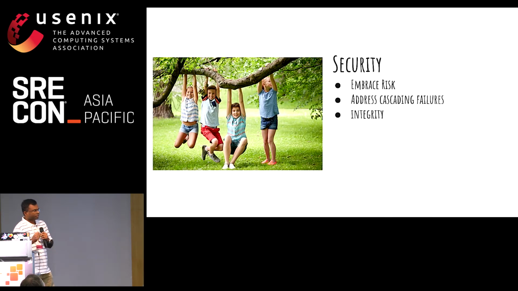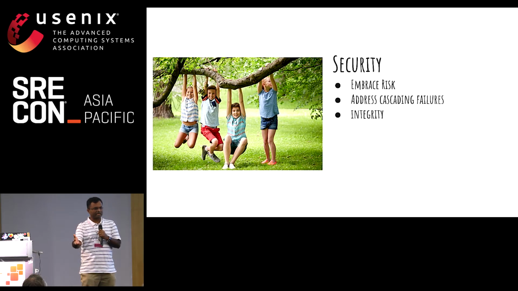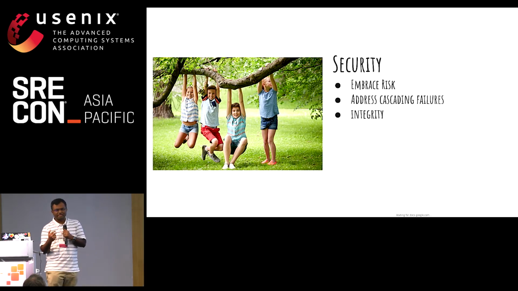Moms are basically letting the kids go out into external environments like schools and playgrounds. So they're embracing risk. Kids can get into trouble, right? They're embracing risk by letting them go and play and grow.